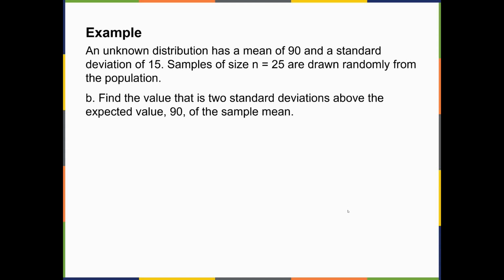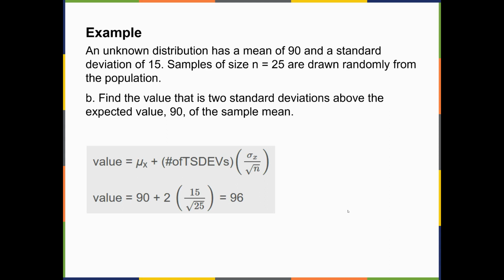So what value would be 2 standard deviations above that? Well, remember our new standard deviation is going to be equal to 3, or 15 divided by the square root of 25. So a value is going to be 90, our mean, plus 2 of our new standard deviations, so that's going to be 96. It's the value that is 2 standard deviations above our expected value, our expected mean.